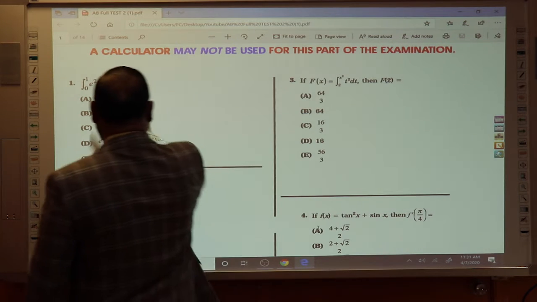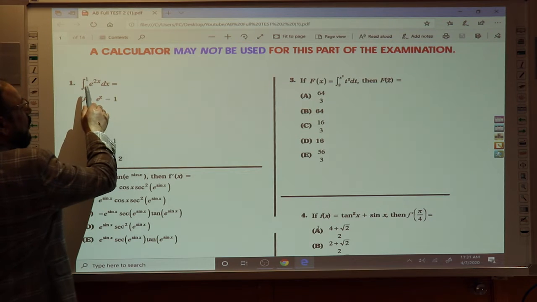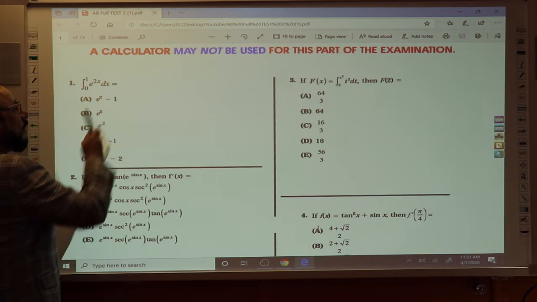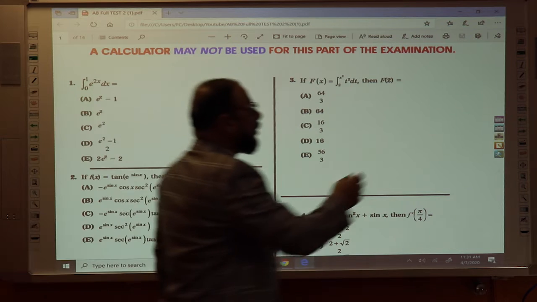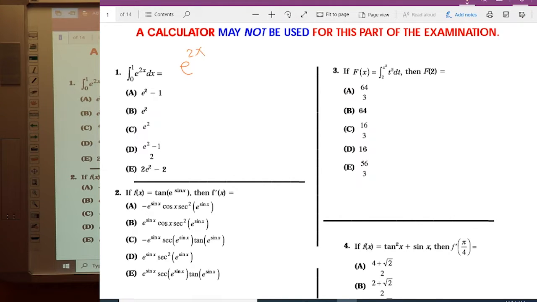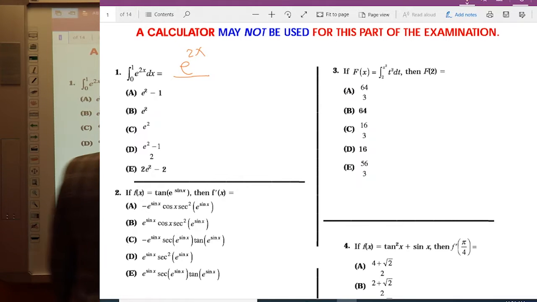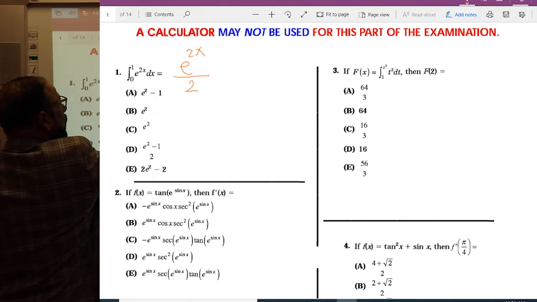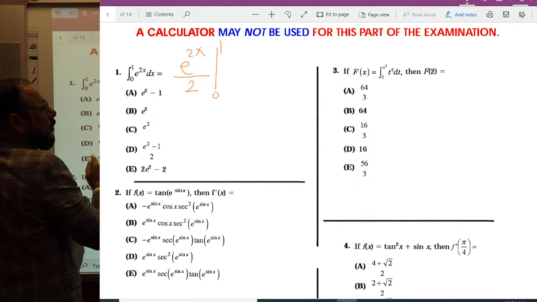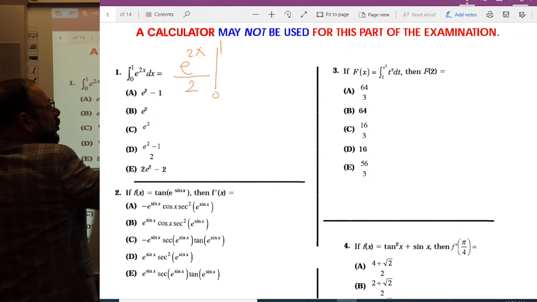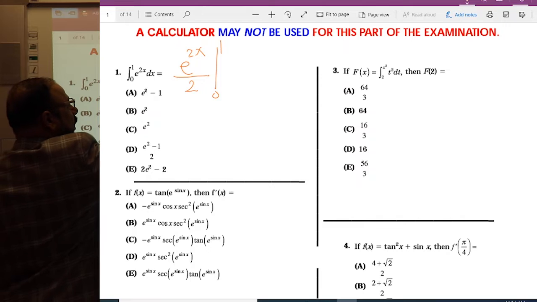The first problem is the integration of e to the 2x. Integration of this function is easy. Look, e to the 2x, you leave it the same. The derivative of the exponent is 2, and the limits of my integration are from 0 to 1.